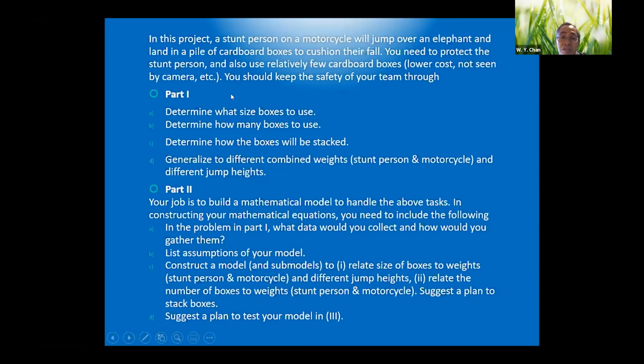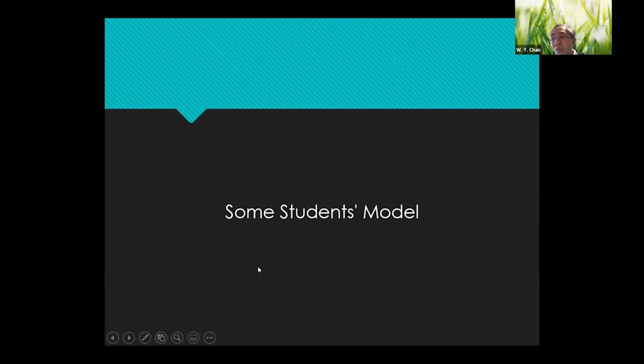And this is some of the requirements I would like my students to do. Mainly it is from the description, and I do not change the size of the box, how many boxes they need, how they stack up the boxes and so on. Here, I would like to share some of my students' models.